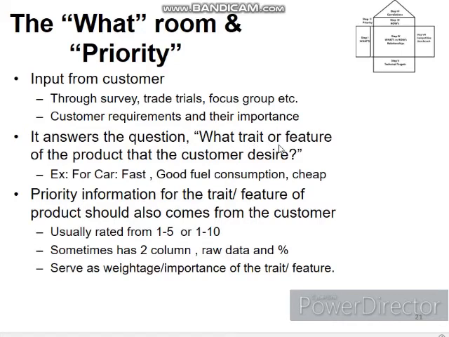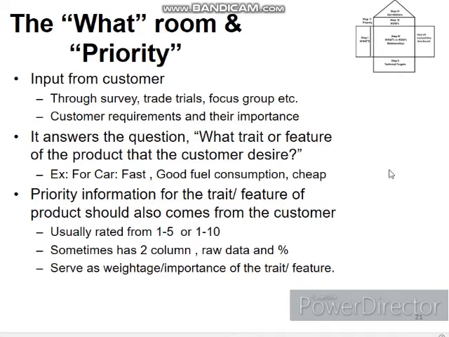It should answer this question: what trait or feature of the product does the customer desire? For example, if you are designing a car, then the trait and desire of the customer could be that the car must be fast, have good fuel consumption, be cheap, and so on.